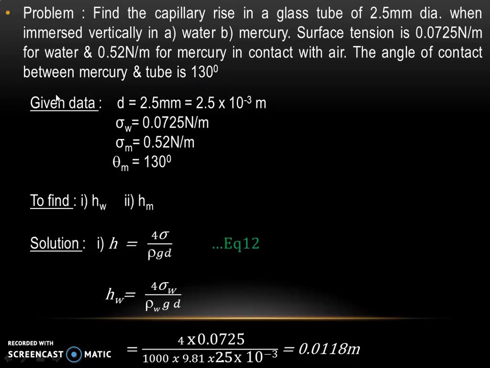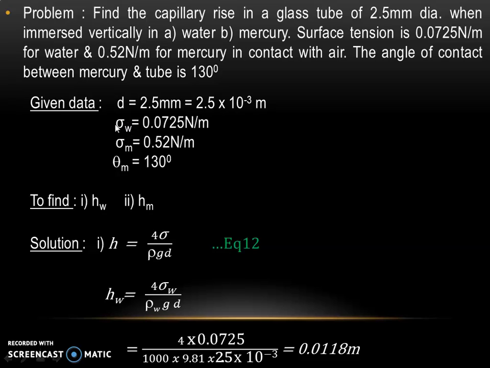To begin with, we will write down all the data given. First one is diameter, d is equal to 2.5 mm. We will convert this in terms of meter. So we get it as 2.5 into 10 raised to minus 3 meter.